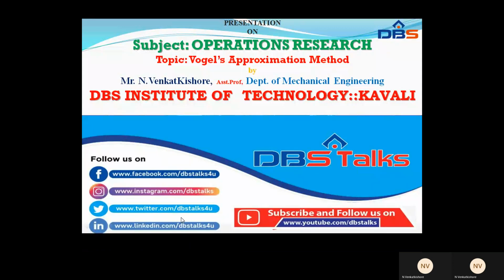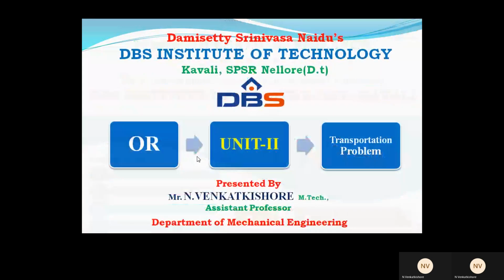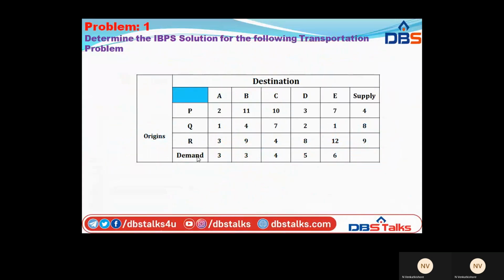Good afternoon, students. Today we are starting a new method in the transportation problem, that is Vogel's approximation method. In the previous classes, we discussed the least cost method and the northwest corner, that is NWC method and LC method.